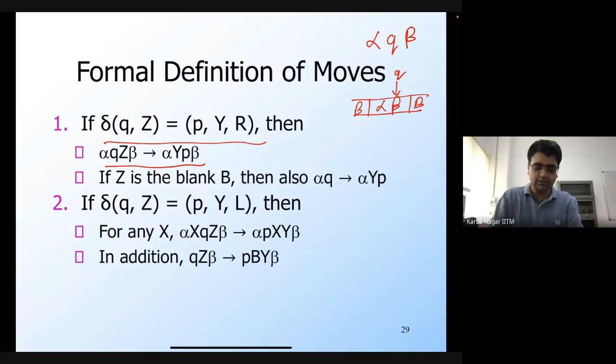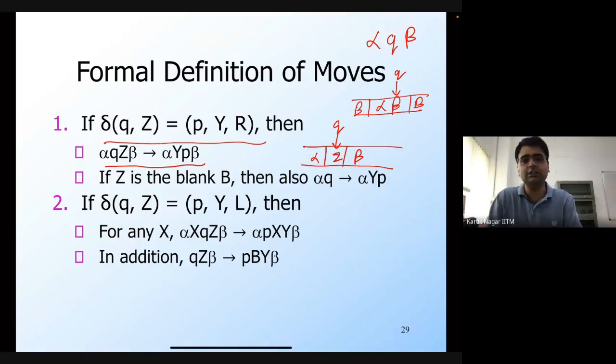What we are saying is that the state of the tape is that I have alpha, then I have z, and then I have beta, and q points to z. And this transition function says that delta of q comma z is equal to p, y, R. So the state changes to p, z is replaced with y, and the read head moves by one square to the right.